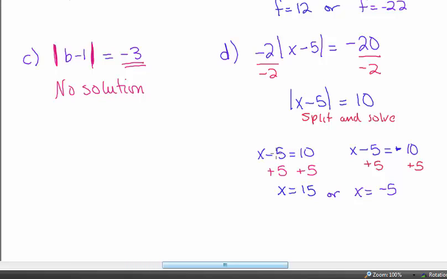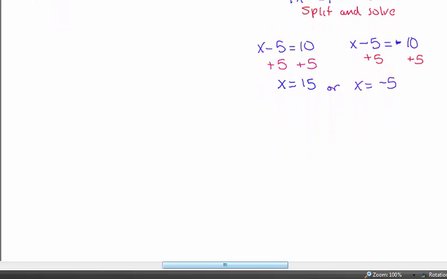We do get into more complicated scenarios with the absolute value. Doesn't look like we do so much in this section of the book, but just to go over them just to be safe, you want to isolate the absolute value first.